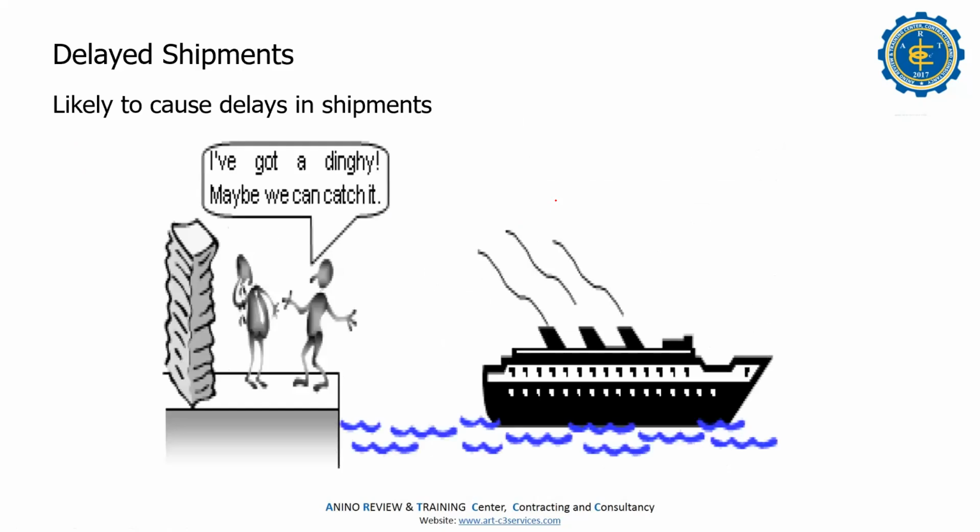Okay, delayed shipments. For example, you have a production and then you cannot deliver directly, so the shipment is delayed. So what happens if your shipment is delayed? Your client does not trust the company.